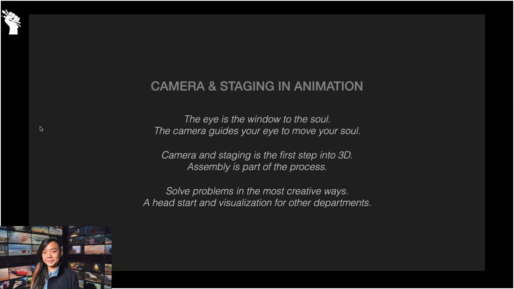Oftentimes, I've seen a lot of projects where I understand there's no budget, but they want to cut corners and they want to cut the camera staging process. They say, why don't we just build the model, rig it, and then animate? And then they will soon find out that the animators can't focus just on the acting anymore.